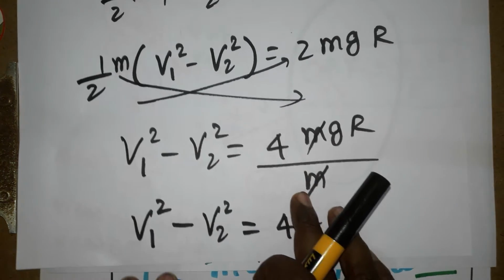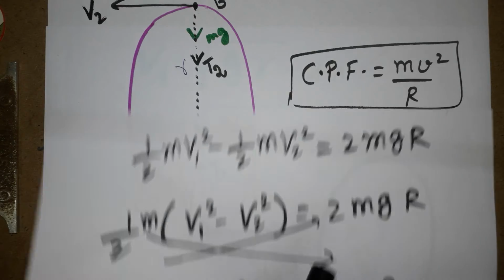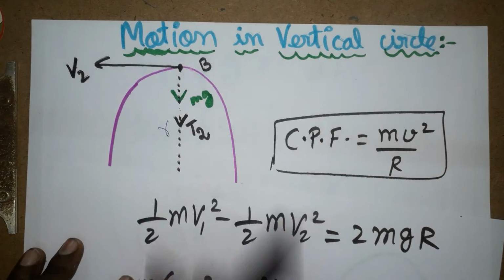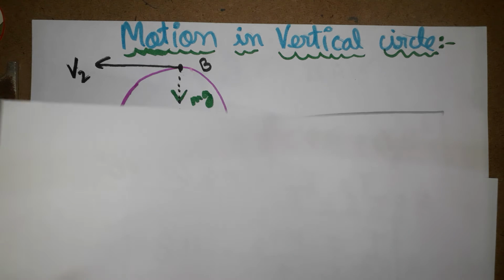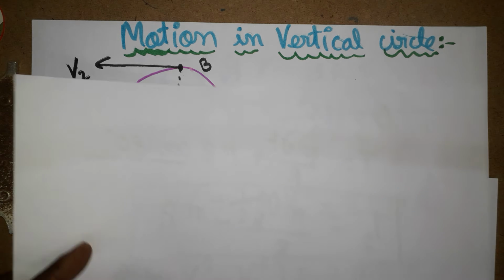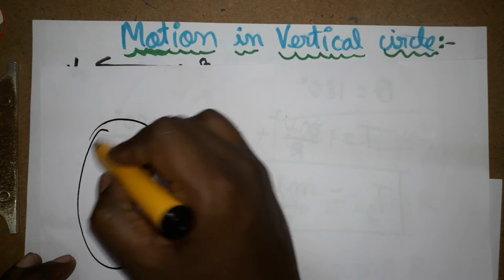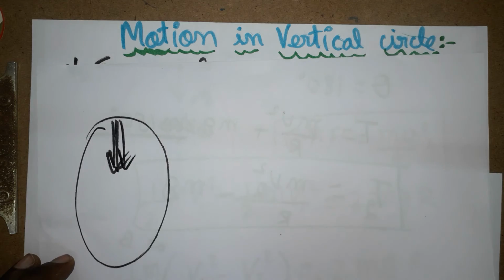Now we want to know the v1 velocity or v2 velocity, whichever we want. So here at the point of B, I am taking the centripetal force acting towards the center. In a vertical circle, the centripetal force acts towards the center. Tension is also acting towards the center, and mg also is acting towards the center.